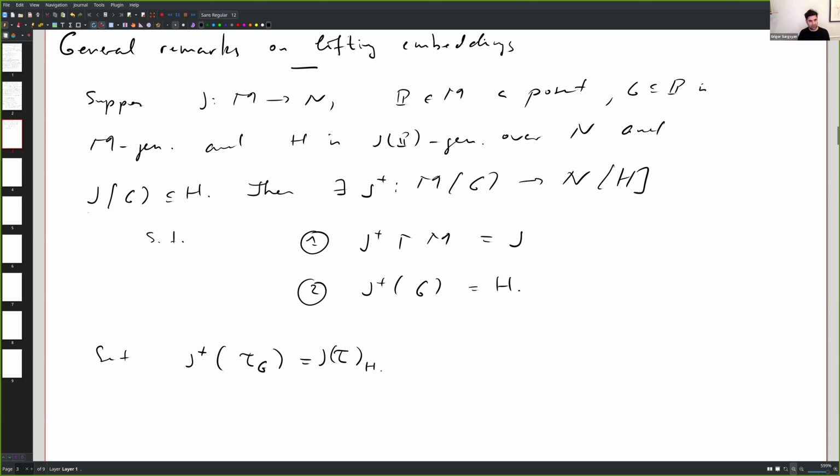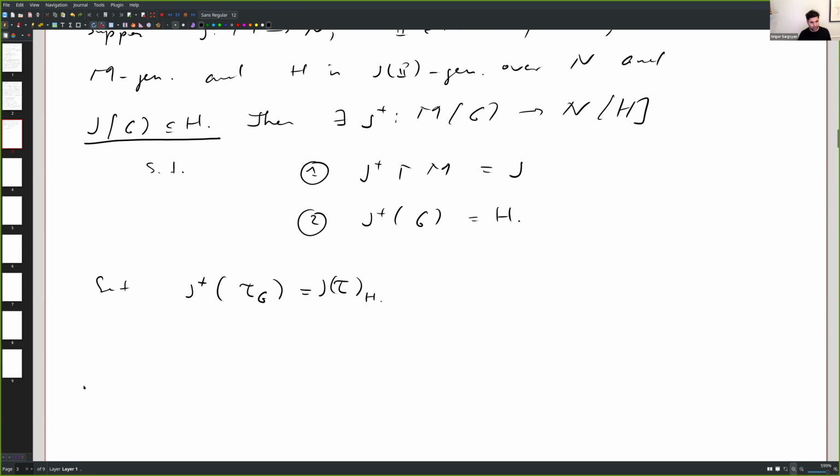This is the thing to understand. Well, to prove that j^+ is elementary, we need that G is a subset of H. So how does it come up here?